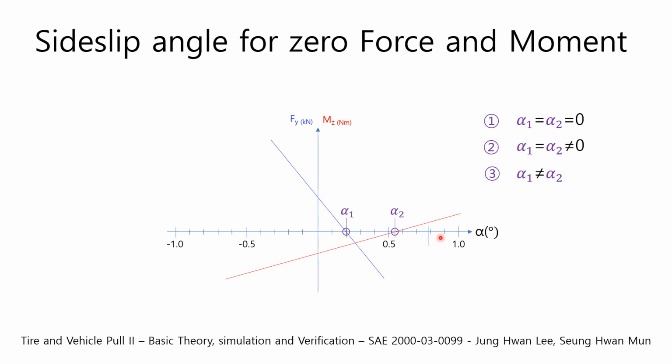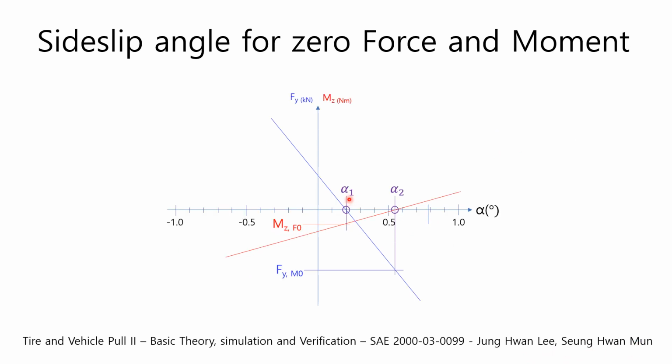You can find the details in the paper 2000-01-0099, Tire and Vehicle Pull 2, Basic Theory, Simulation and Validation, published in 2000, written by Jeonghwan Lee and Seunghwan Moon. Why is the vehicle pull produced when alpha 1 is not equal to alpha 2?